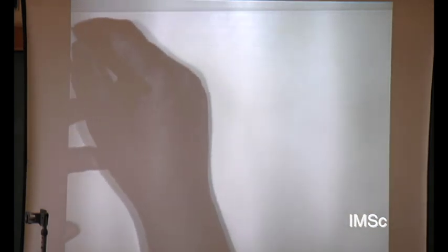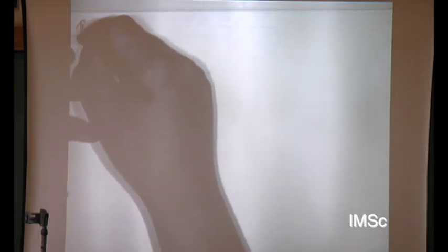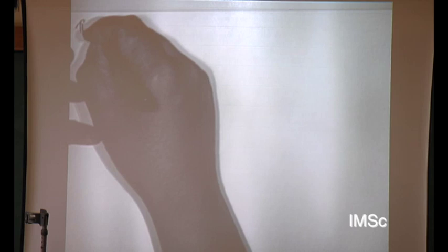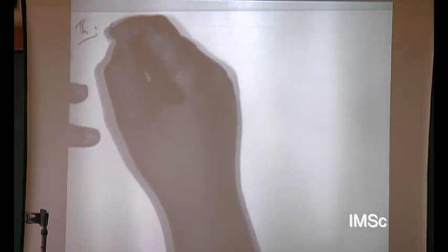the important theorem that involves partial isometry. Okay, this is the so-called polar decomposition.